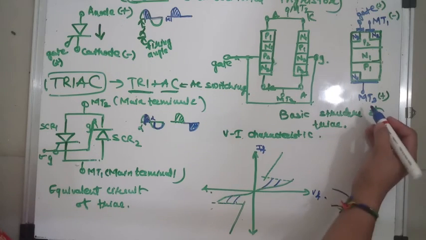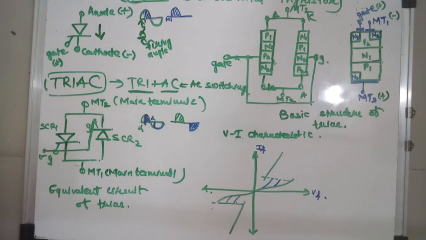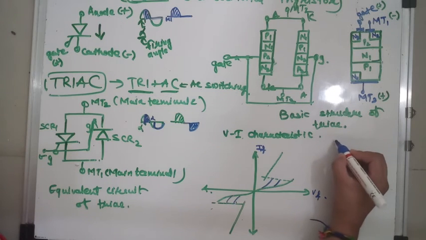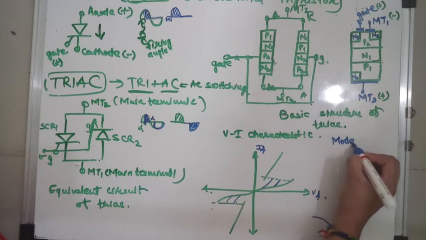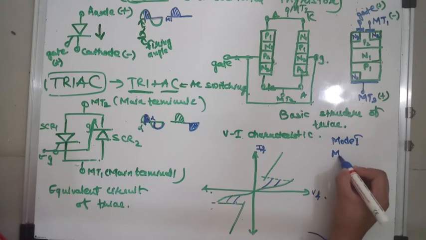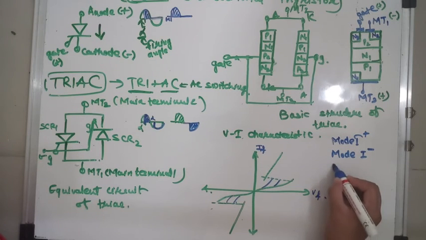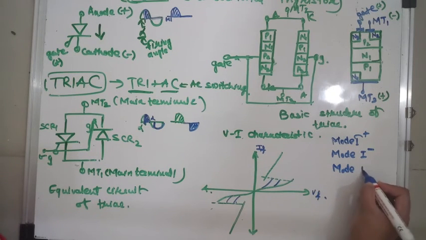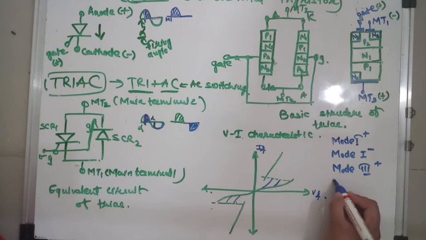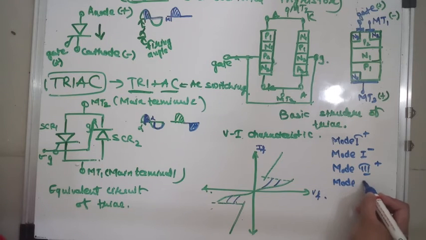Now, basically what are the modes of operation? There are four modes of operation. Mode 1: there is mode 1 positive and mode 1 negative. In the same way, mode 3 means the third quadrant positive and mode 3 negative.